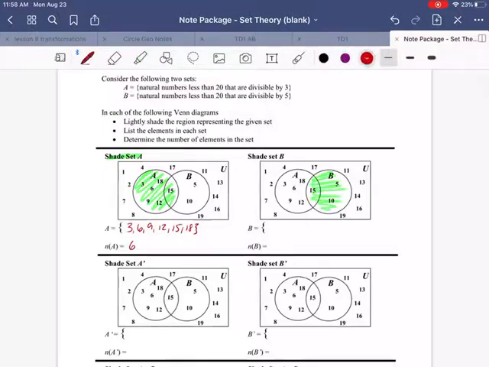Shade set B. So that means we've got 5, 10, and 15. And we have 3 elements.